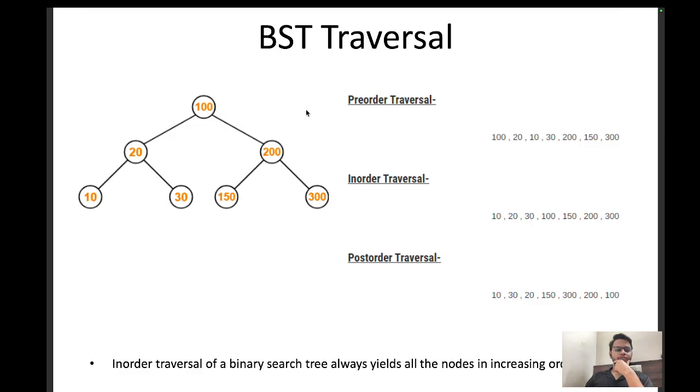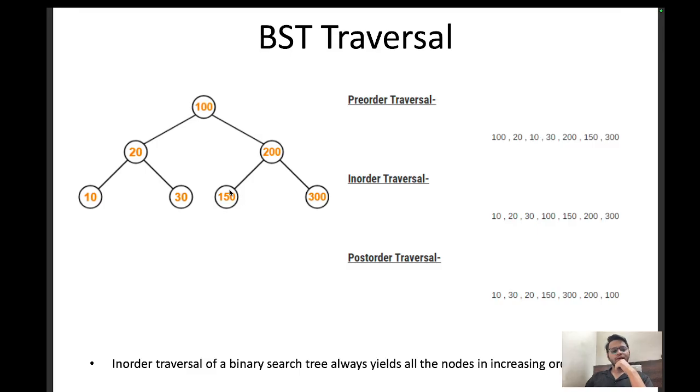After that, we have to look at the left part of the root node. The left part of the root node is 20, 10, and 30. We have to again look at which of 20, 10, and 30 is the root node or the parent node. It is very easy to find out that 20 is the parent node here.